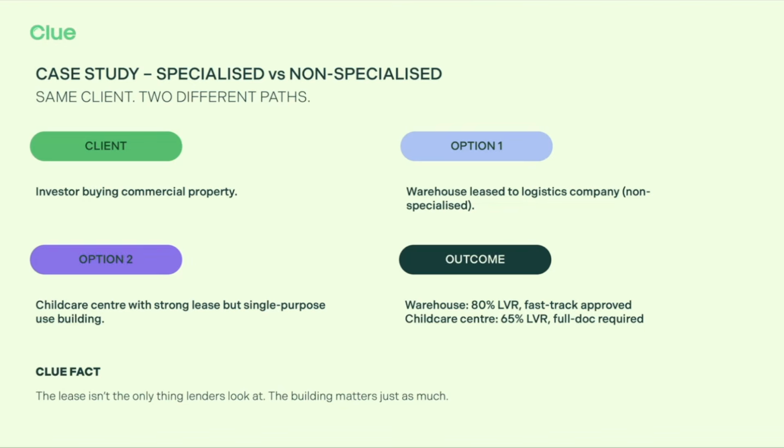Whereas your business owners, the self-employed people, may be looking more towards a specialised property because that might suit the industry they work in, or their needs as a business owner. So just something to be mindful of when you're having conversations. Are you talking to a pure investor or self-employed? That may then lead down the path of these different options of specialised versus non-specialised.